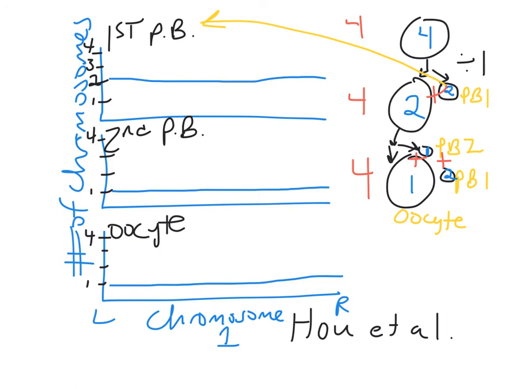Yeah. So what that manuscript showed was that if you actually took a real first polar body, second polar body, oocyte from a female human, then you might see something like that.